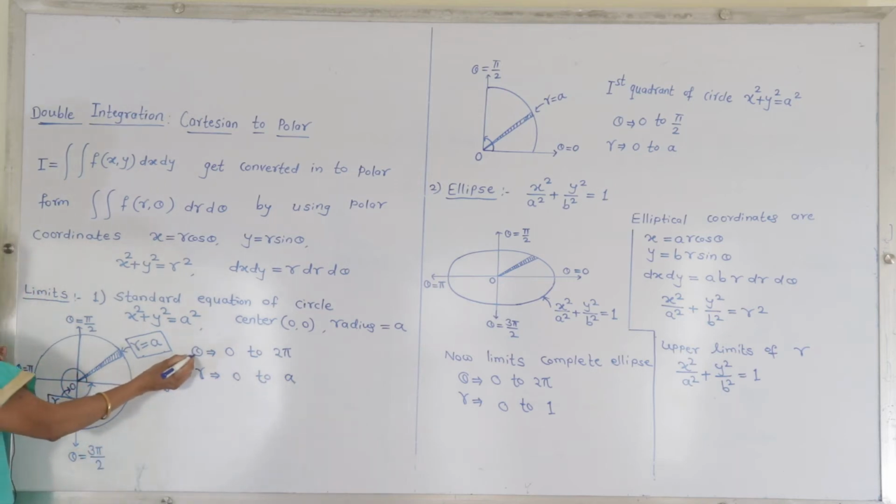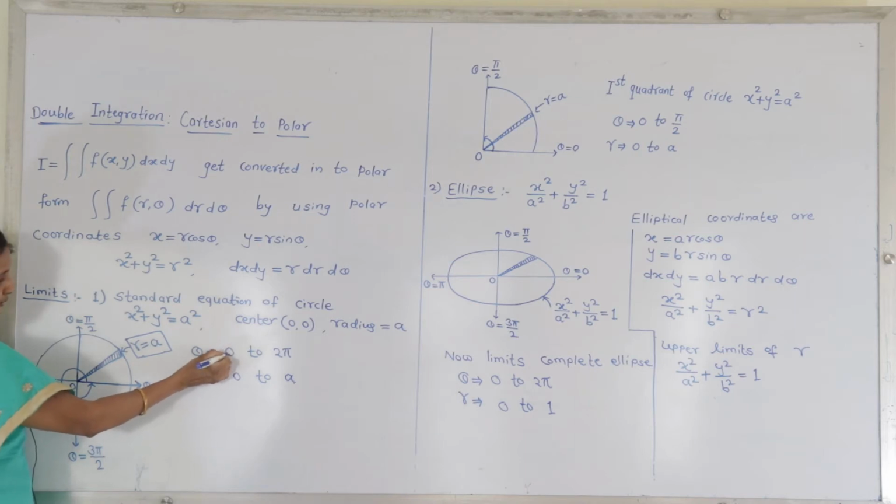Now the limits of theta. To find theta, rotate this strip whose end point is at the origin. Now rotate this strip from theta is equal to 0. The starting of rotation is from theta is equal to 0. Therefore the lower limit of theta is 0.